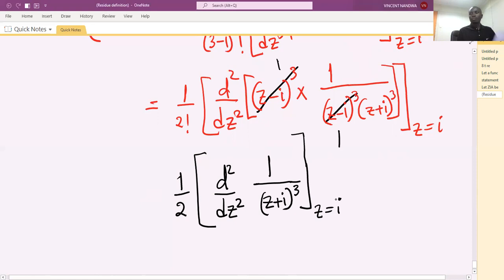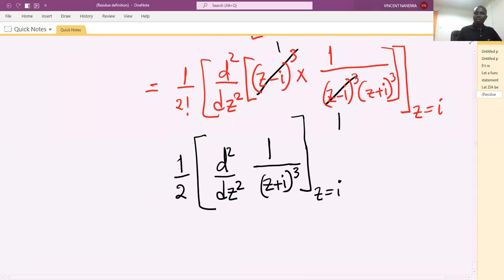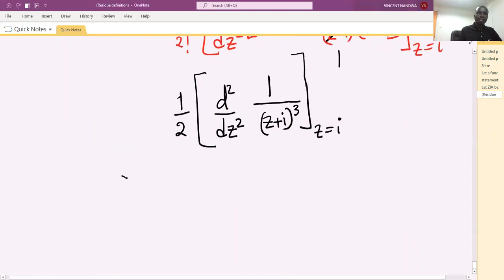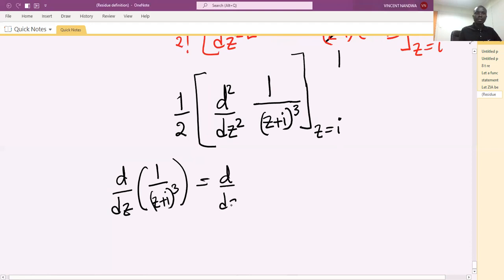So let's calculate the derivative, second derivative of this function. So the first thing we have to calculate is d dz of the function 1 over z plus i power 3. This can be written as d dz of z plus i power negative 3.